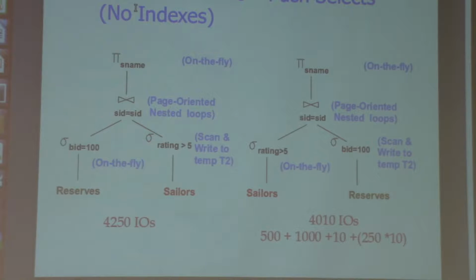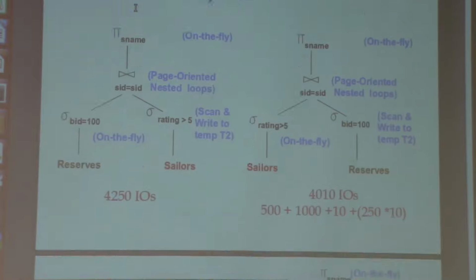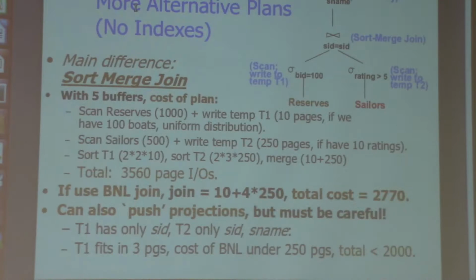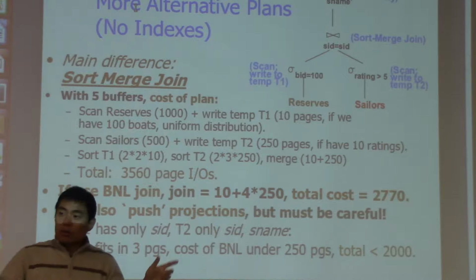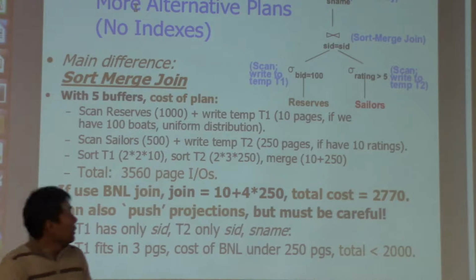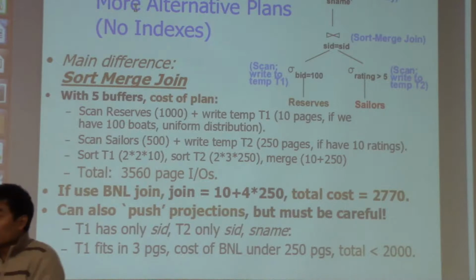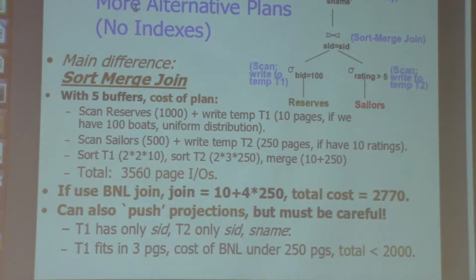What about using those even more sophisticated techniques? Well, let's see. What I'm going to do now is scan and write to disk on both ends. Then I do a sort merge join. By doing a sort merge join, you need to be careful here because there are 2 versions of this algorithm.